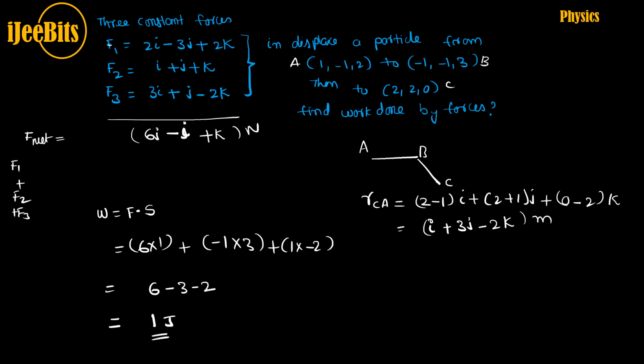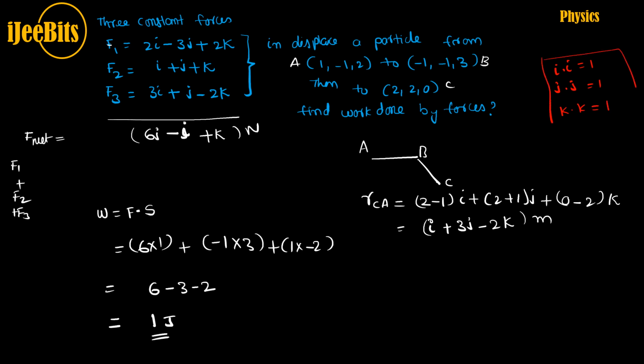Make a note, a recap of what we studied in vectors. I dot I equal to 1, J dot J equal to 1, K dot K equal to 1. The rest all become 0.